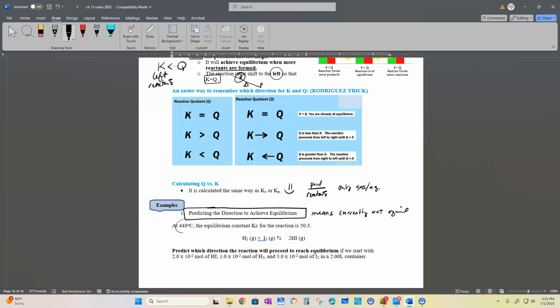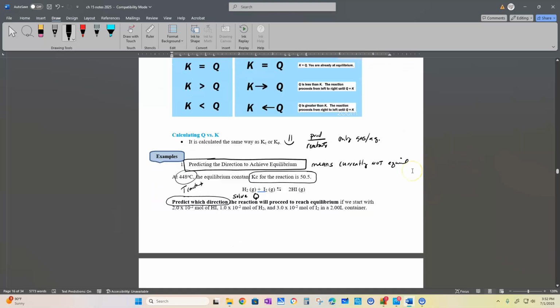At this temperature, so temperature is constant, I have my equilibrium constant, Kc, is 50.5. So I actually know the equilibrium constant. Predict which direction. So that means I need to solve for Q, because I need to see, do I have too much reactants or do I have too much products?